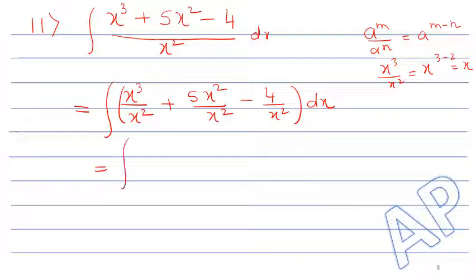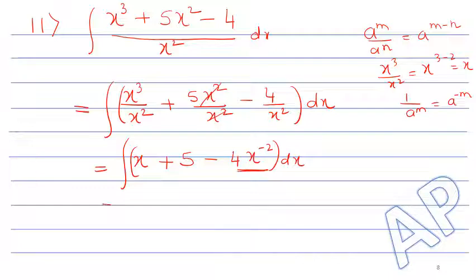So I have x cube by x square as x, plus x square is eliminated in the second term, that is I have 5, minus 4 into x to the power of minus 2 dx. That is, if we have 1 by a to the power of m, this can be written as a to the power of minus m. So 4 by x square is 4 into x to the power of minus 2.